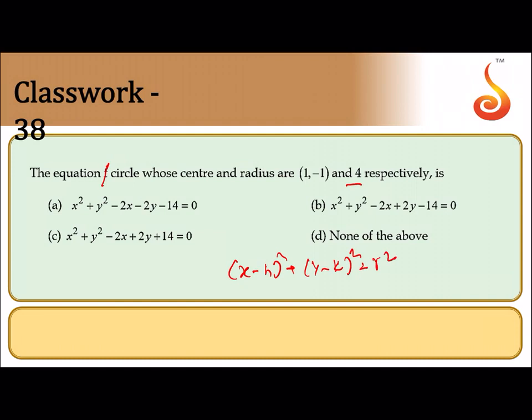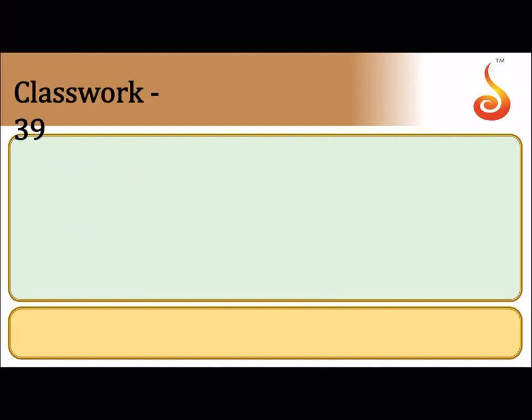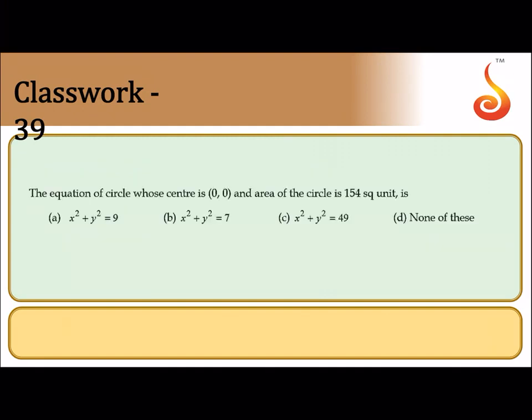You will get x square plus y square minus 2x plus 2y minus 14 is equal to 0. Option B will come. Applying this formula, option B is correct.